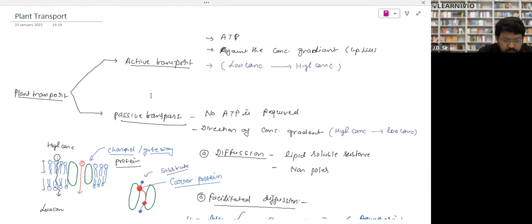Long distance transport occurs through the vascular system, xylem and phloem.